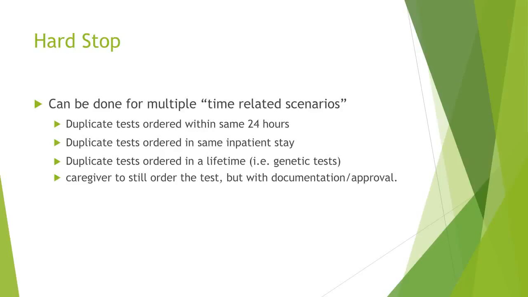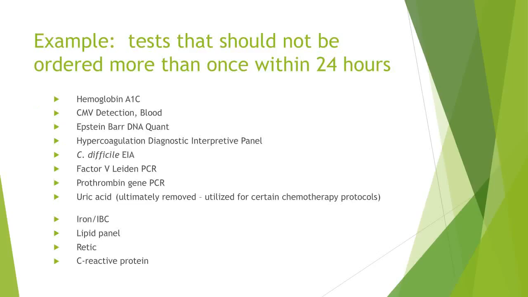Hard stop, you can do various scenarios. I've already talked about this. Once in 24 hours, once in an inpatient stay, once in a lifetime. This was an example of the initial short list that Cleveland Clinic did. Dr. Gary Prokop is the person who has been very, very involved with this at the Cleveland Clinic and has written about it and talked about it.